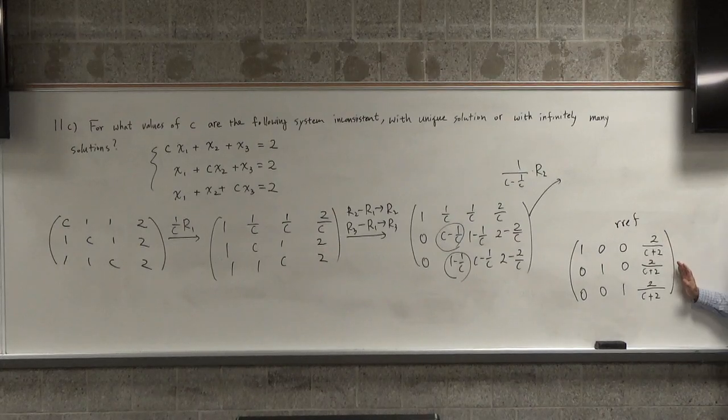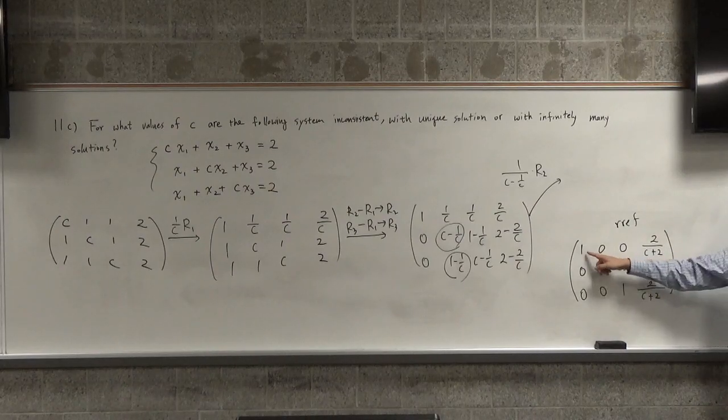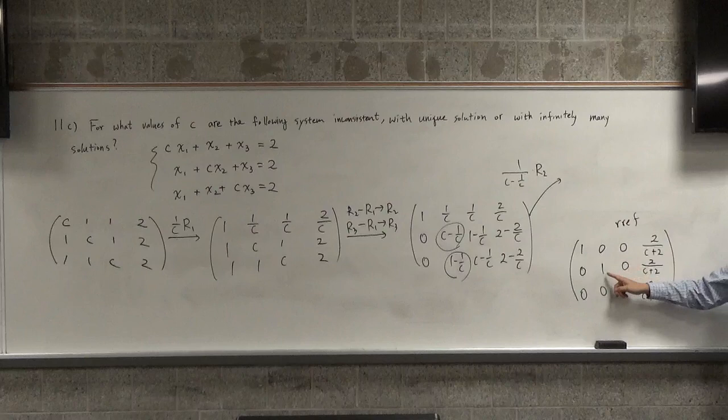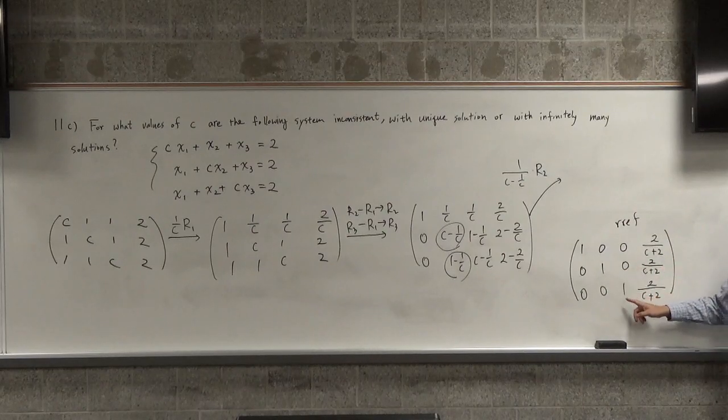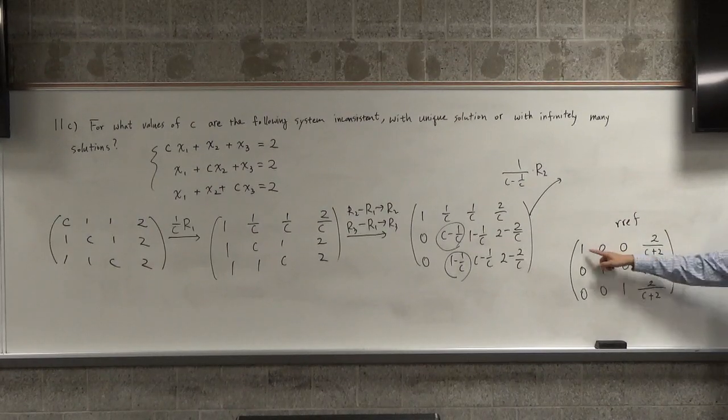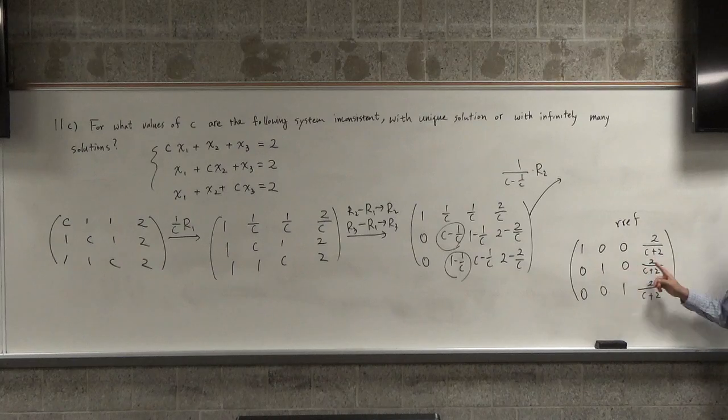This final result seems to say that the system will have a unique solution, which is x1 equals 2 over c plus 2, x2 equals 2 over c plus 2, and x3 equals 2 over c plus 2. That seems to be the answer.